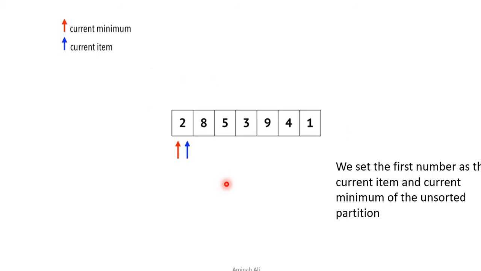So let's get started. First of all, consider that we have this array and our current minimum and current item is 2, because this is the first item of the array. So we set the first number as the current item and current minimum of the unsorted partition.